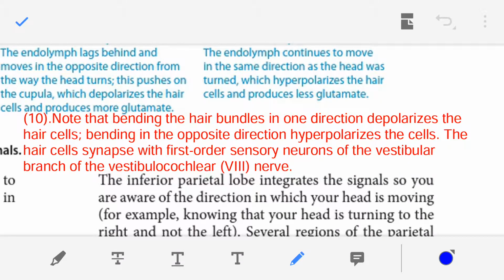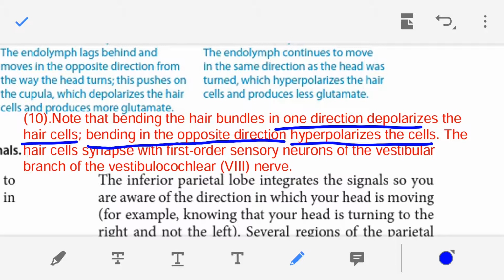Note that bending the hair bundle in one direction depolarizes the hair cell, and bending in the opposite direction hyperpolarizes the cell.